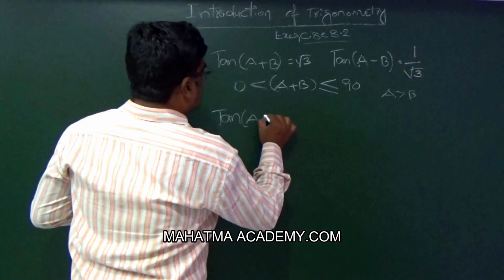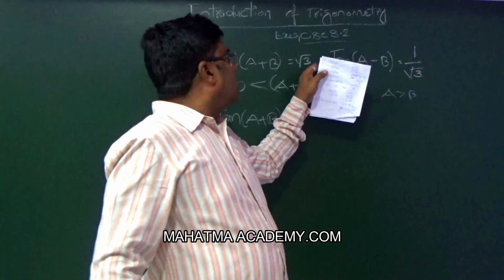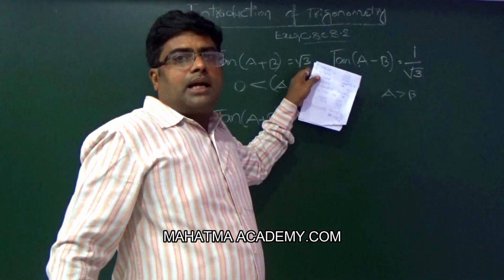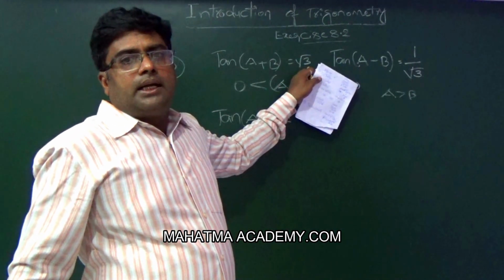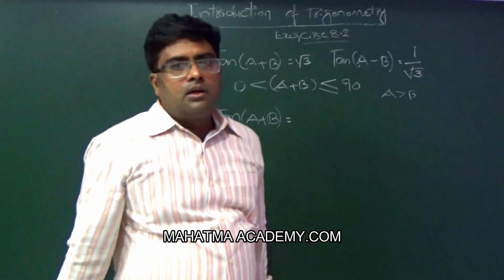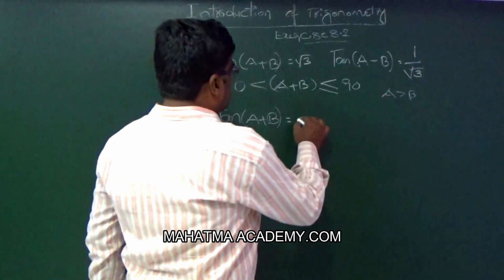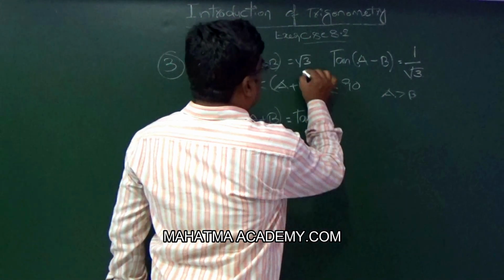What is the value of tan, at what angle will we get root 3 in terms of tan? Tan 60 equals root 3. So simply substitute tan 60 in place of root 3.